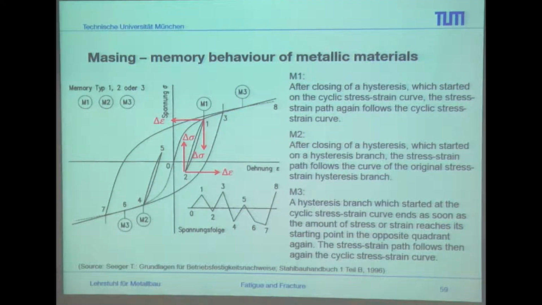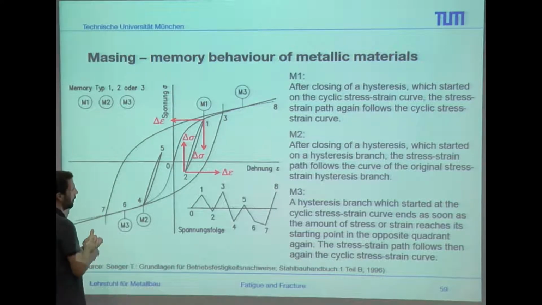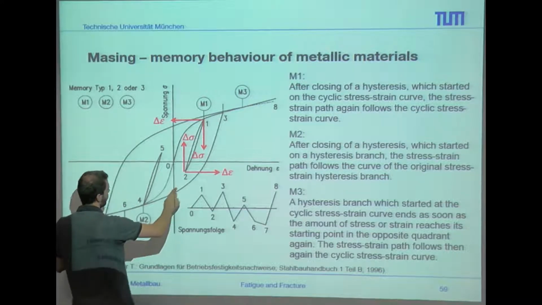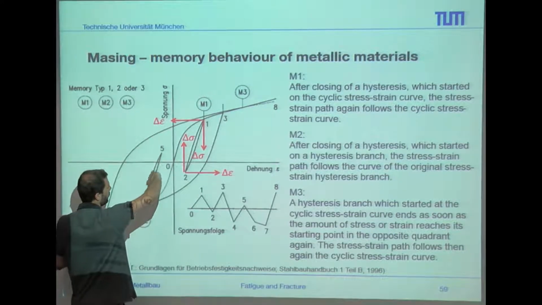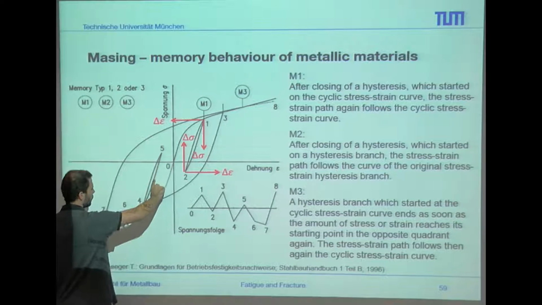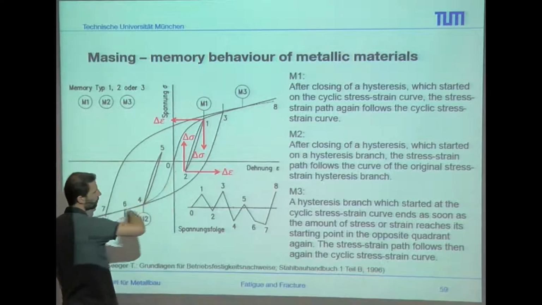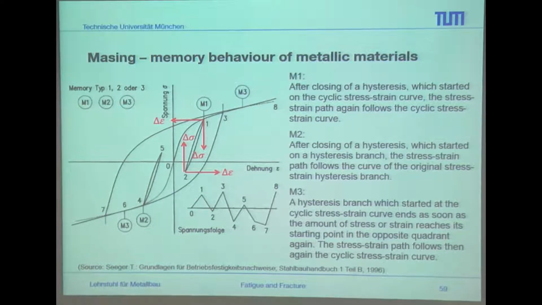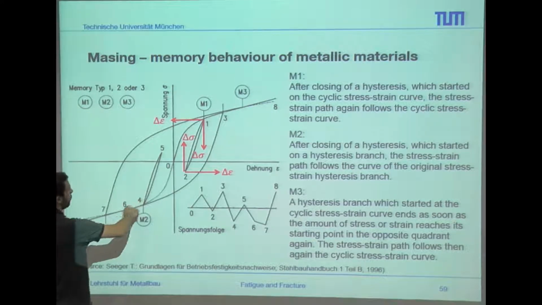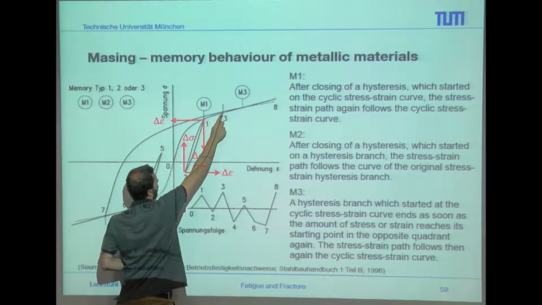So this is still an open hysteresis, which can take some amount of energy or some damage deformation. And at this point, we get a new hysteresis. This hysteresis is opened, it's closed, and again, we follow the old big hysteresis. And at the end, this hysteresis, of course, is closed at this point here.